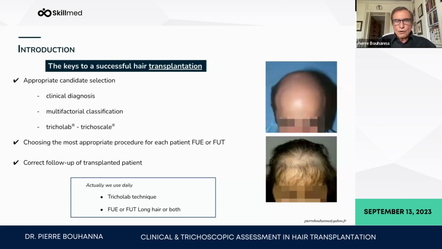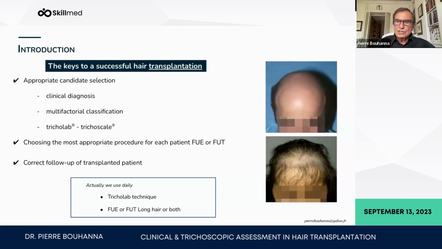Well, for all of us, when we are doing a hair transplantation, the goal is to have all the keys to get a successful surgery. And for that, when you are faced with a male patient or a female patient, first you have to do an appropriate candidate selection.